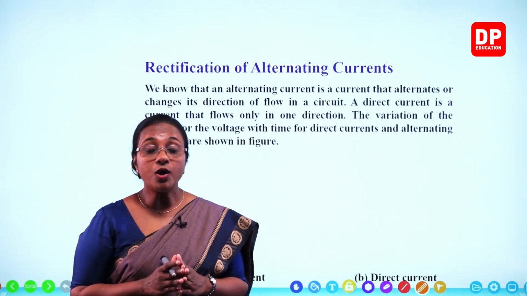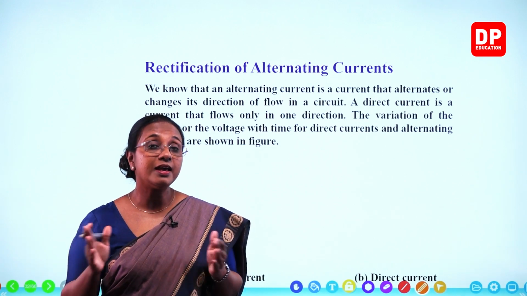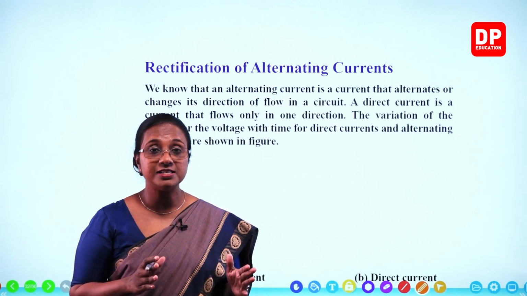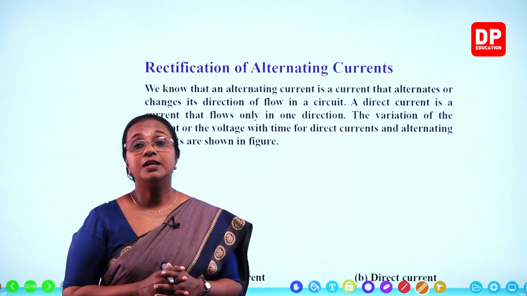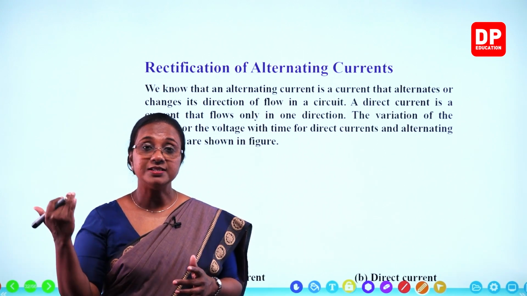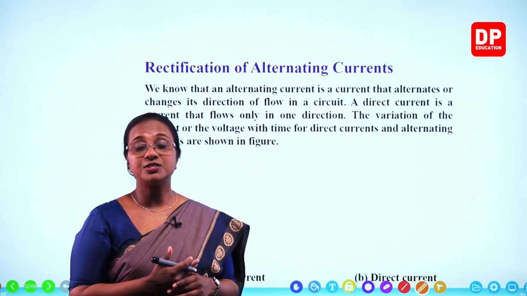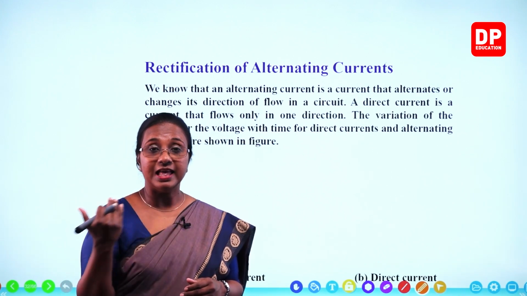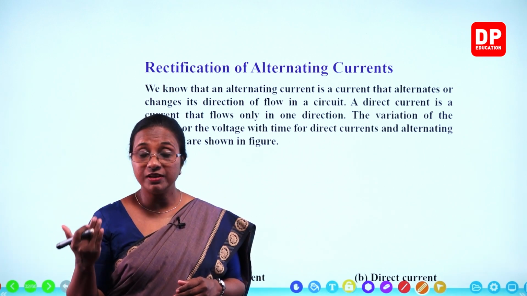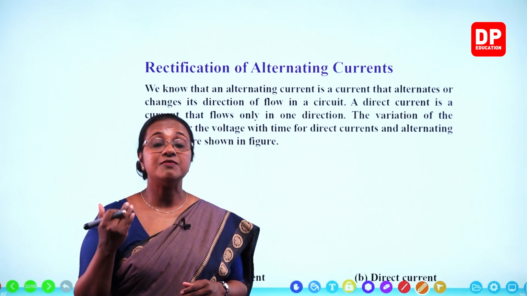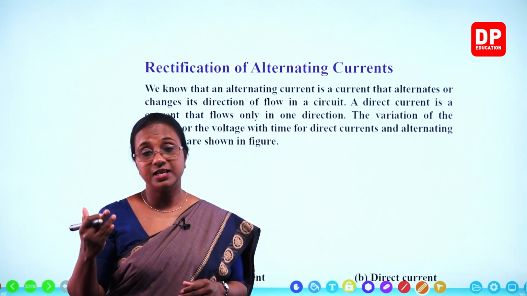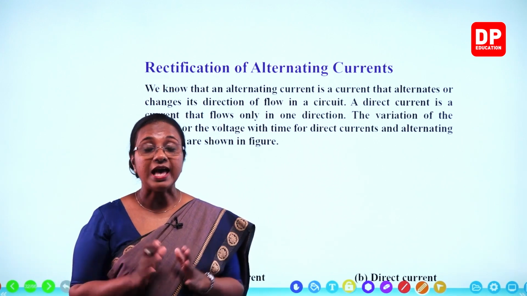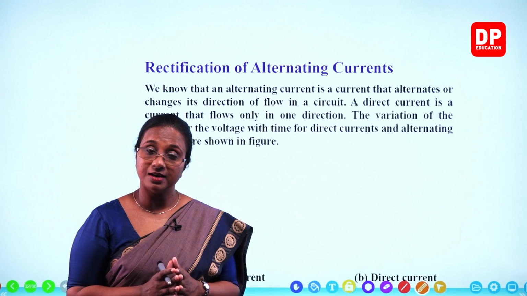So when we say alternating current, the direction of the current changes with time. Once it flows in the clockwise direction, then the direction changes to anti-clockwise. Like that, if the frequency is 50 Hz, the direction will change 50 times in a second. So that is an alternating current.